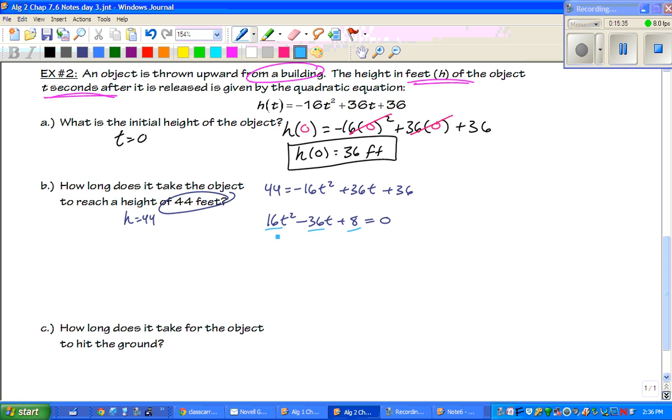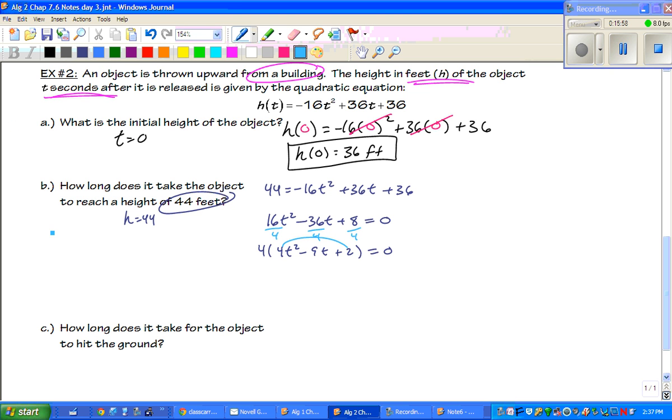Now, we need to take out our GCF, which is 4, and you get 4t squared minus 9t plus 2 equals 0. So off to the side, we need to factor that.